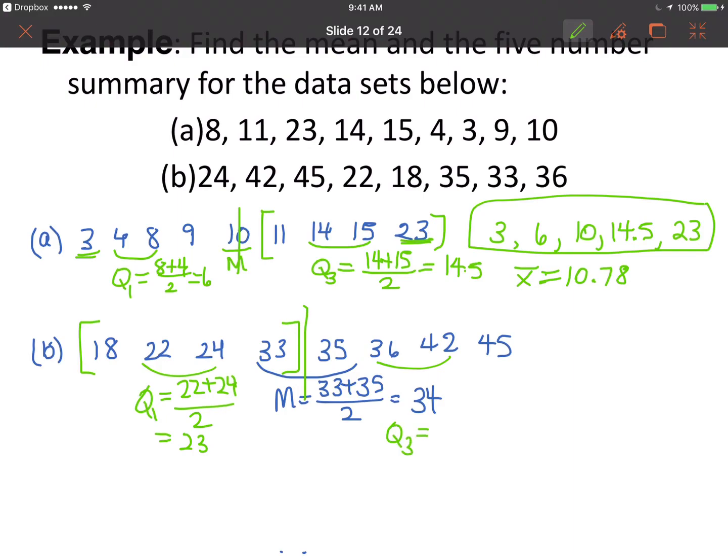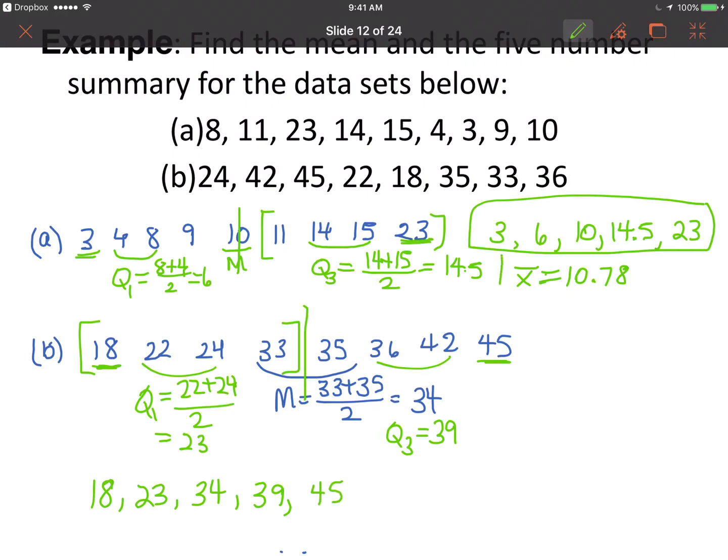So Q3 you should have gotten 39. And finally your min and your max are your first and last numbers. Okay, so here my 5-number summary is 18, 23, 34, 39, and 45.